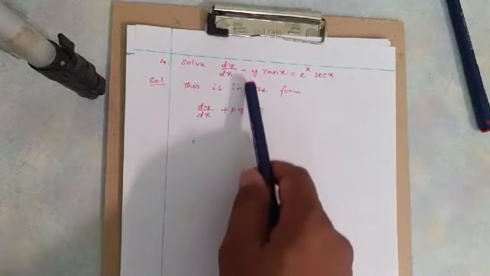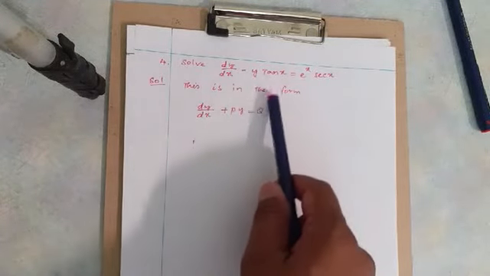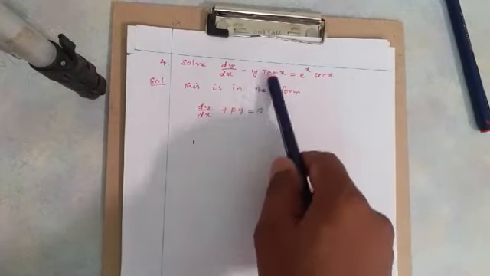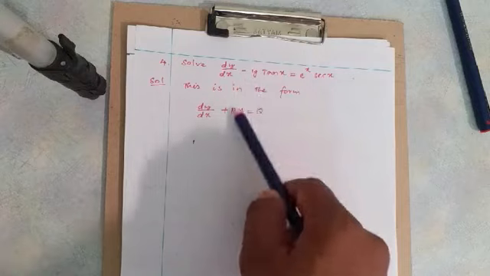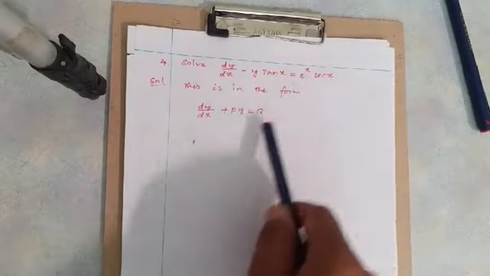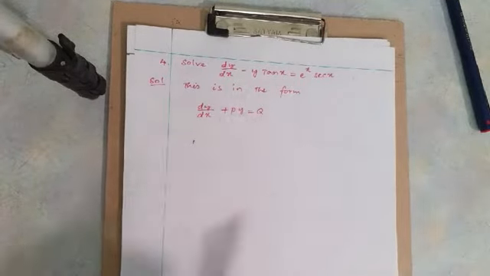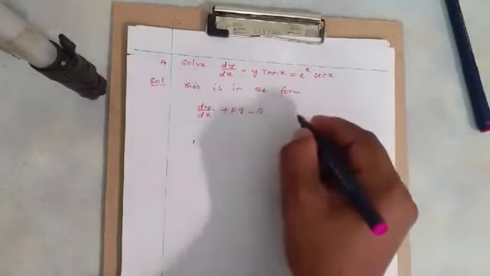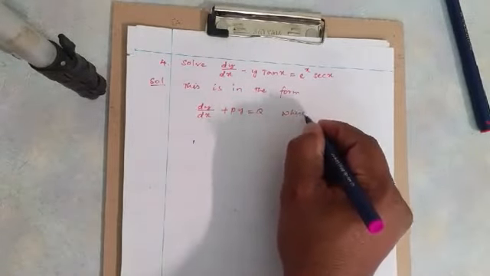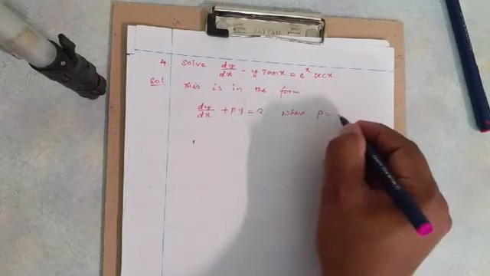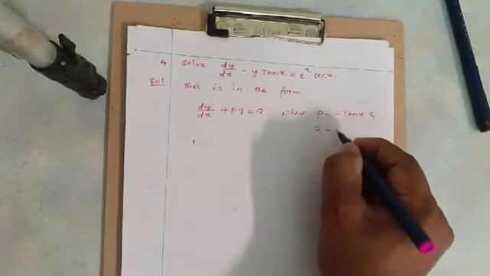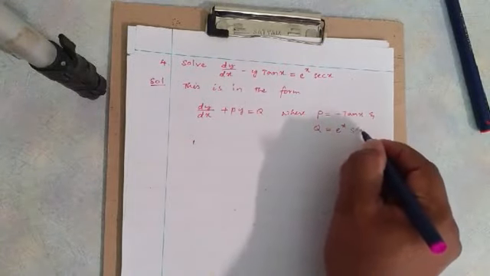Here instead of plus we have minus. We can take P as minus tan x. Now P into y, P is minus tan x, into y is equal to, this whole term is nothing but Q. So here you can observe P and Q are x terms. So we write here where capital P is equal to minus tan x and Q is e power x secant x.